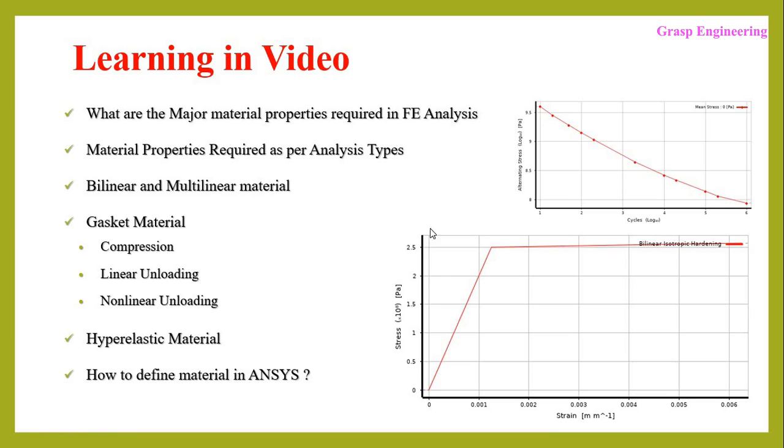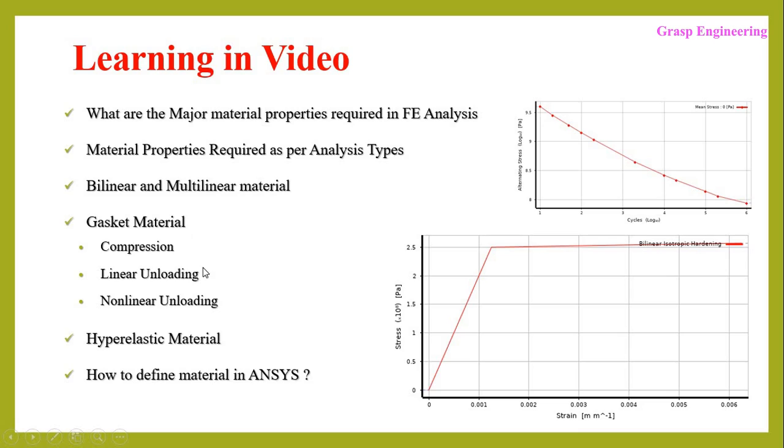We have already created a blog on that and I will share it in front of you so that you get a complete overview of the minimum material details which we need to enter while performing the simulations. In addition to that, we have different materials like bilinear or material test data. So how to enter that?